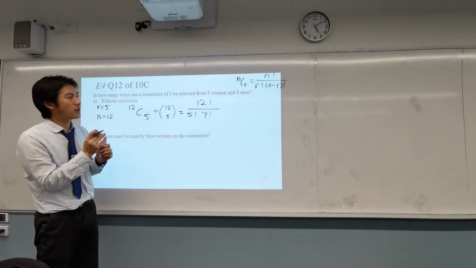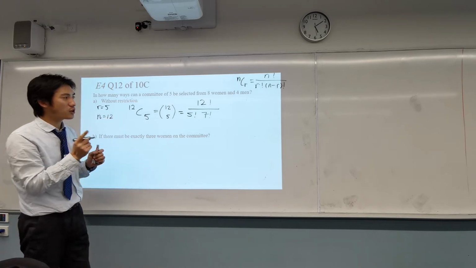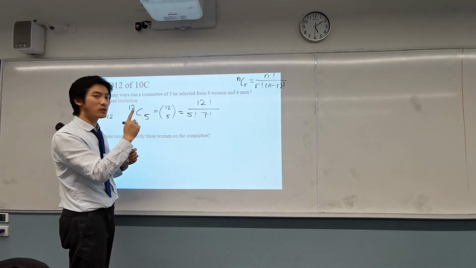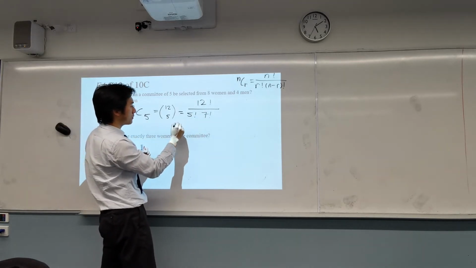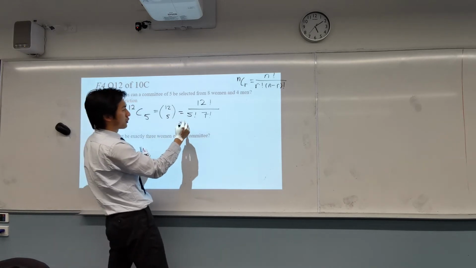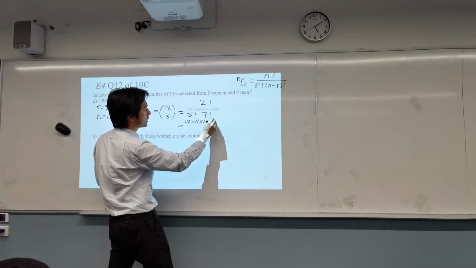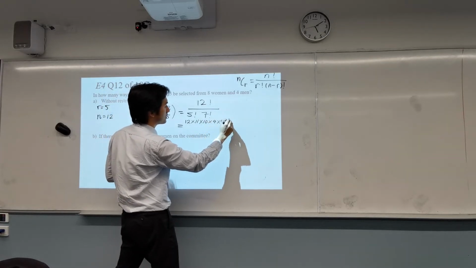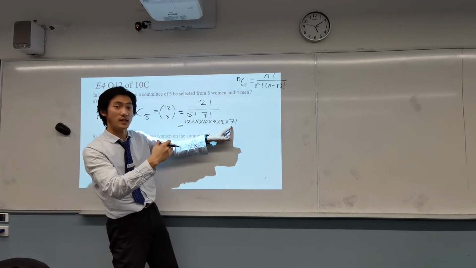Now it's just a matter of trying to evaluate these really large factorials. And the trick there is to try and cancel out before you evaluate the factorials. Rewriting 12 factorial as 12 times 11 times 10 times 9 times 8 times 7 factorial. So that 7 factorial implies that it does go down forever.